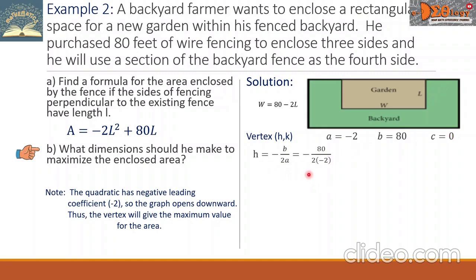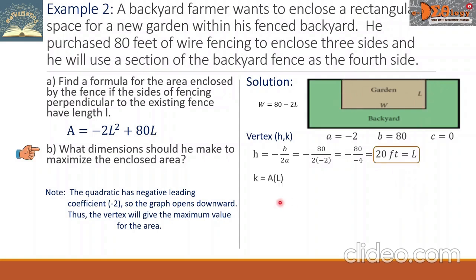When we substitute the values, we have negative 80 all over 2 times negative 2. The denominator 2 times negative 2 is negative 4. Negative and negative becomes positive. So we divide 80 by 4. We have positive 20. This value is in feet. Actually, this value is the length. Looking at our figure here, this is the side L.